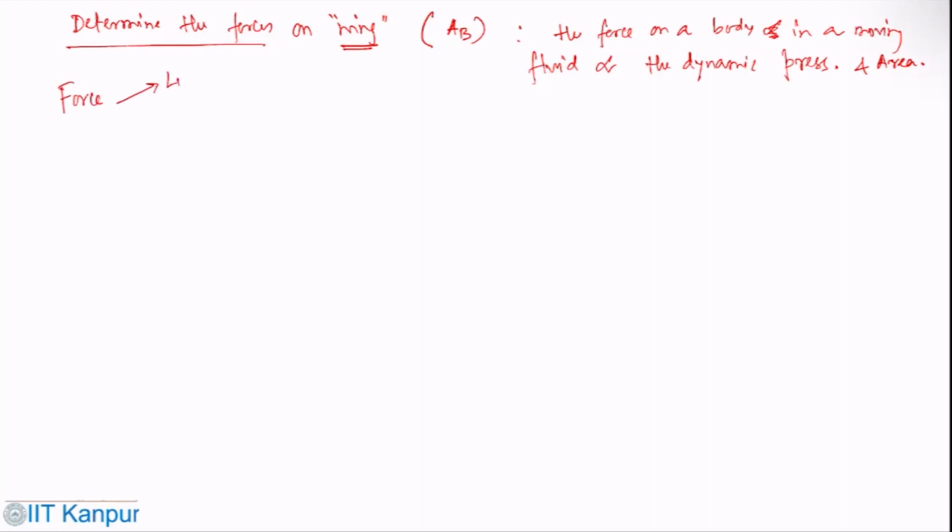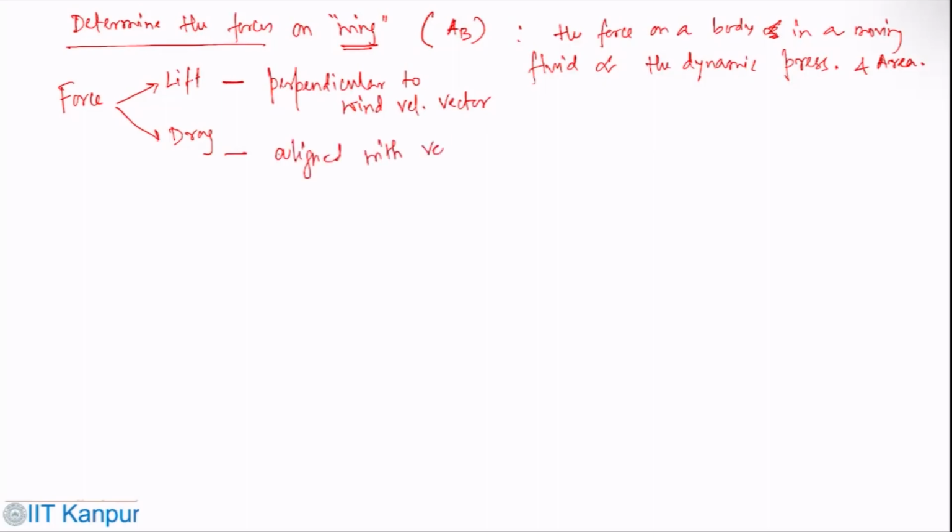Now this force can be decomposed into two components. One is lift, one is drag. The lift is perpendicular to the wind velocity vector, and drag is aligned with the velocity.